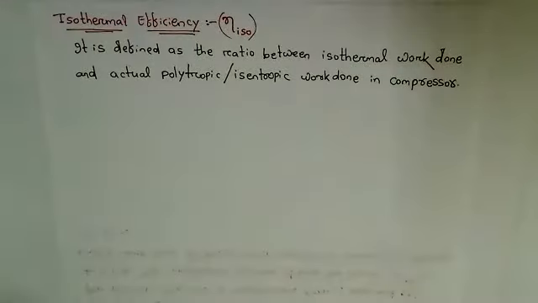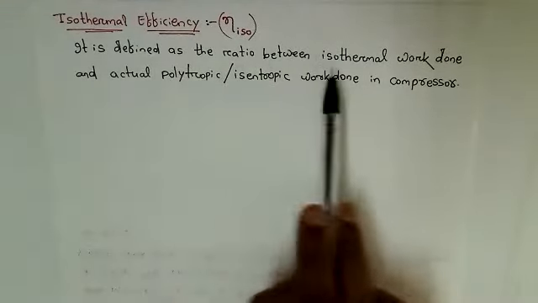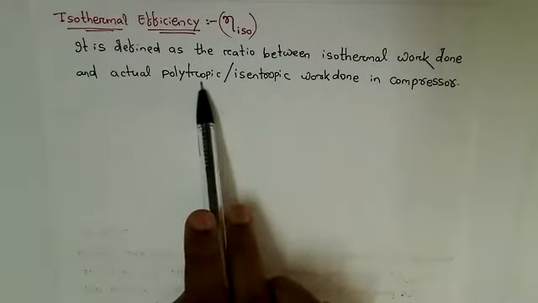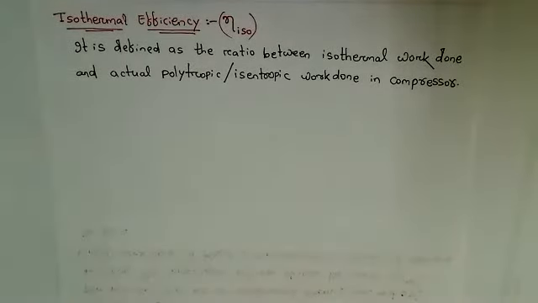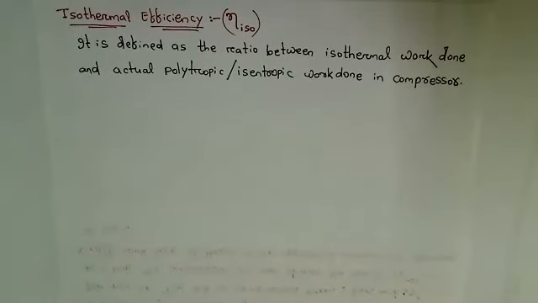So this is the formula of isothermal efficiency. What is the isothermal efficiency? It is defined as the ratio between isothermal work done and the polytropic or isentropic work done in a compressor. This is the formula to calculate isothermal efficiency.